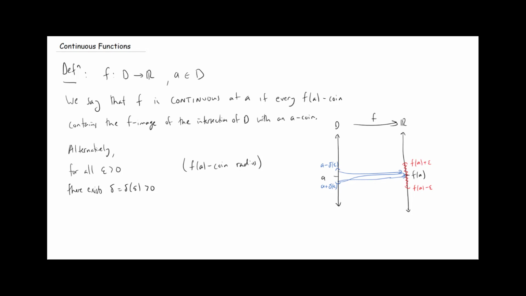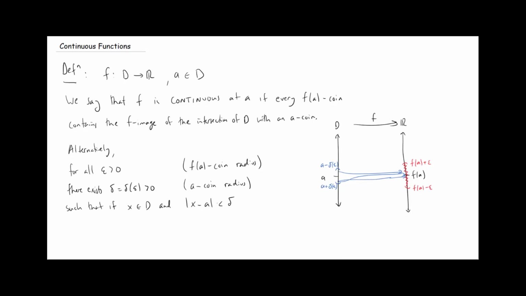But it's good to remember that it's there, such that if you have, I said a, but this of course should be x. If I have some point in D, and that point is within delta of a, so that means it's within an a coin. Okay, so this delta, right, that's our a coin radius.